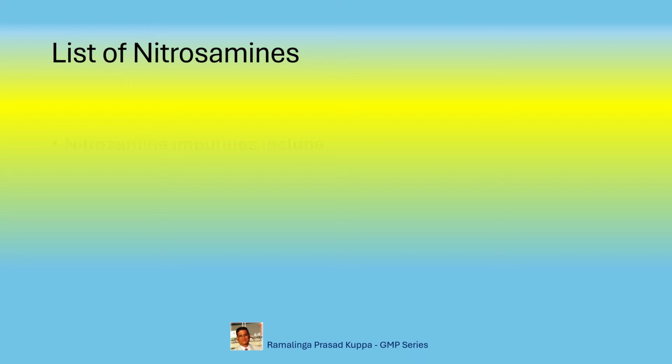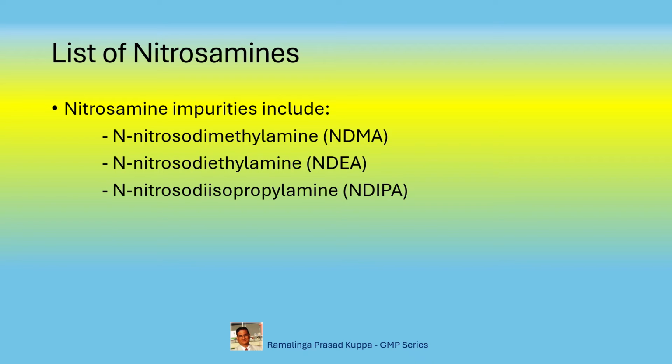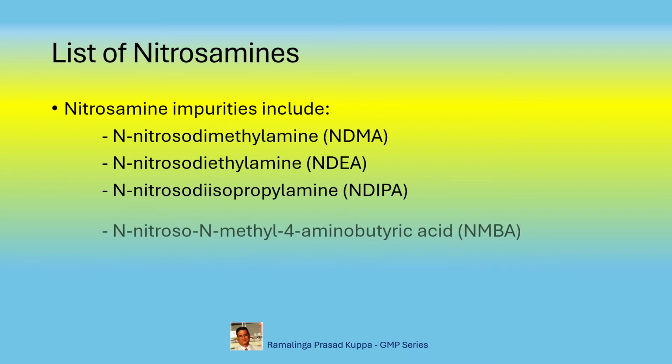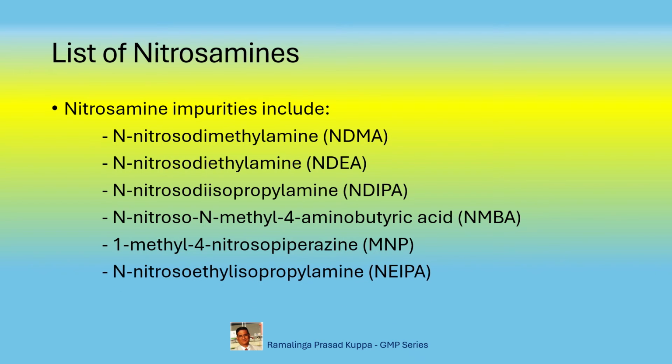List of nitrosamines. Nitrosamine impurities include N-nitroso-dimethylamine NDMA, N-nitroso-diethylamine NDEA, N-nitroso-diisopropylamine NDIPA, N-nitroso-N-methyl-4-amino-butyric acid NMBA, 1-methyl-4-nitroso-piperazine MNP, N-nitroso-ethylisopropylamine NEIPA, and N-nitroso-dibutylamine NDBA.